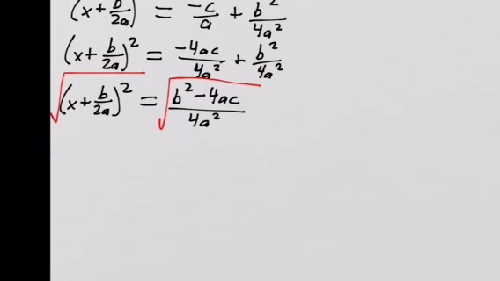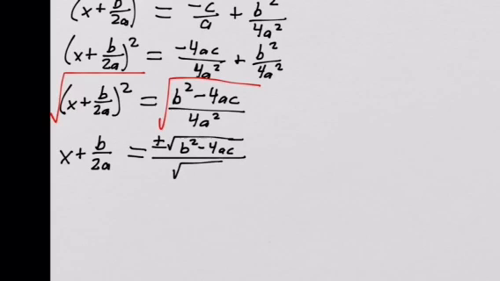So the left-hand side just gives me x plus b over 2a. On the right-hand side, I am going to use a trick here. b squared minus 4ac, and because we're doing this to solve a quadratic, that's got to be plus or minus.